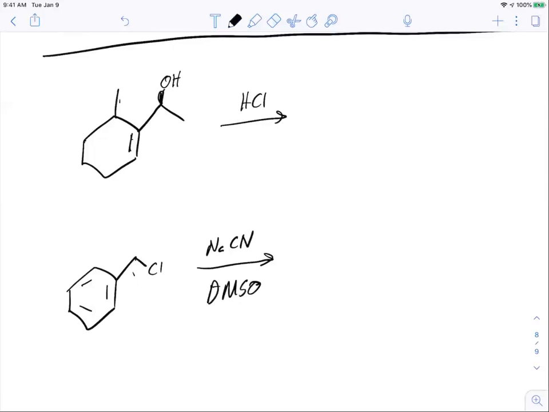Again, because predicting the products is going to be important to understand whether it's SN1 or SN2.